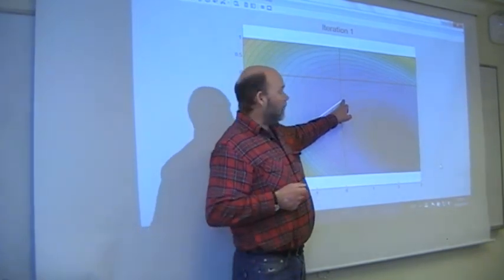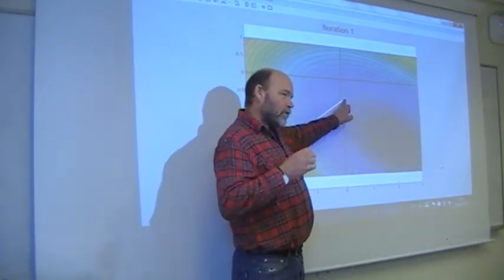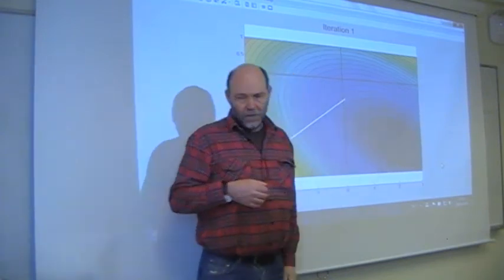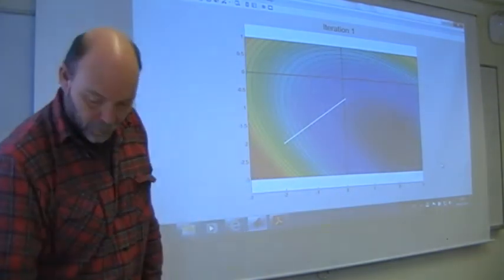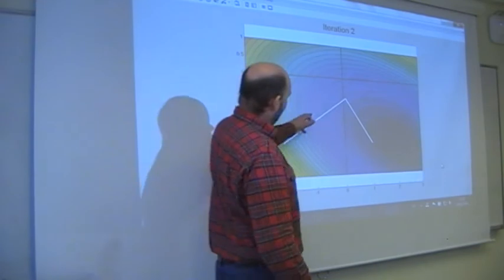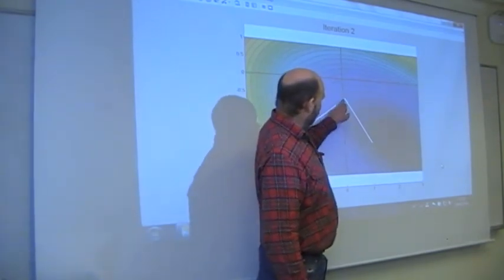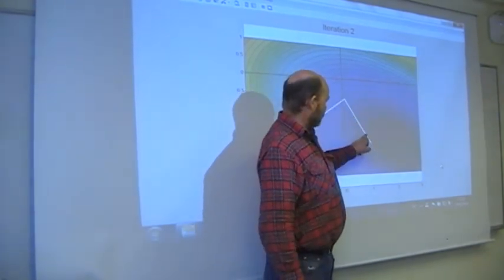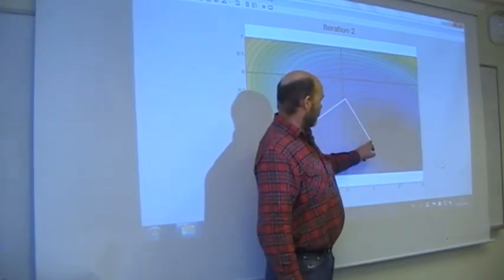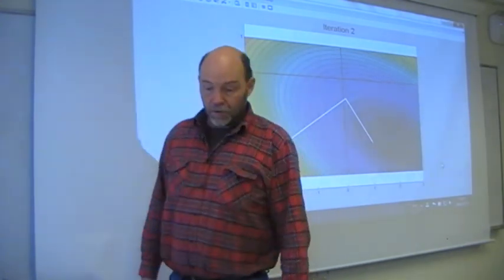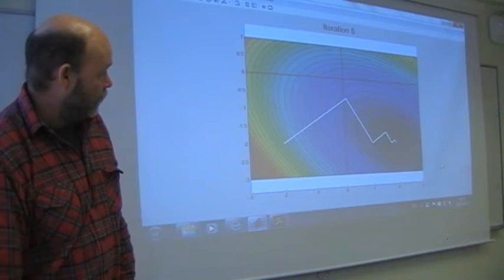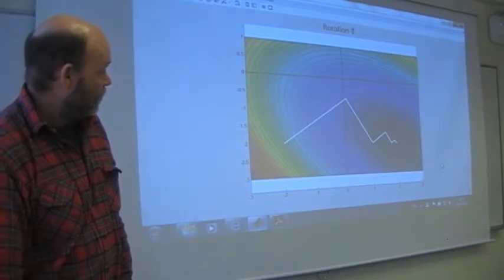Then find the residual here, use that one as the new direction, which then should be perpendicular to your isolines here, and walk as long as you are going down, and then you stop when you start going up again. Another alpha here, and so you continue until you finally reach the bottom.